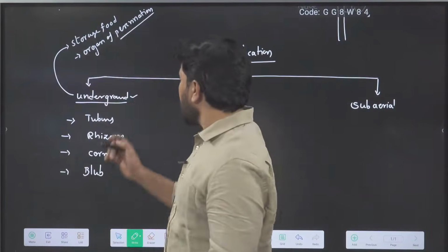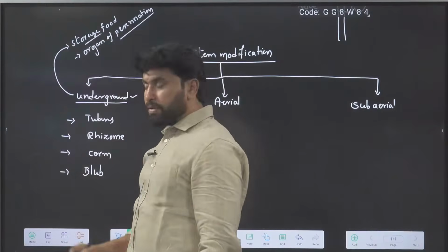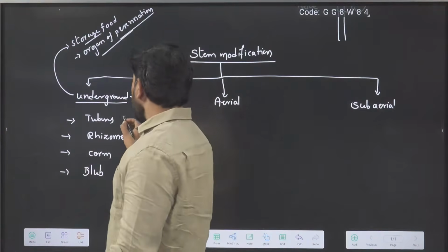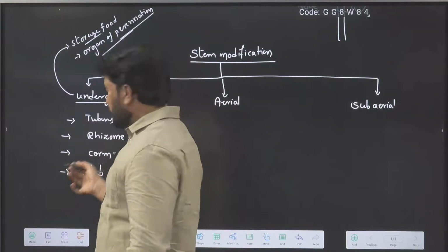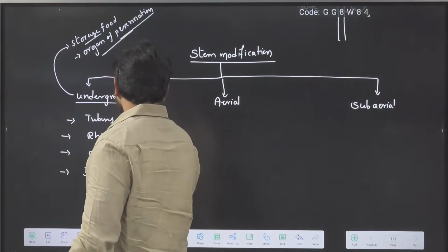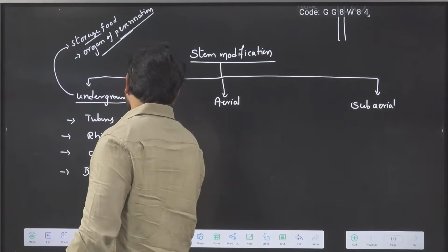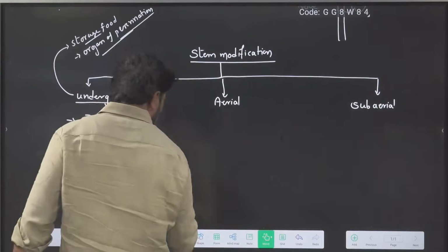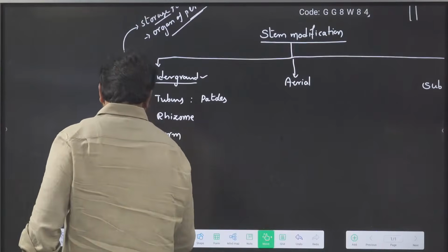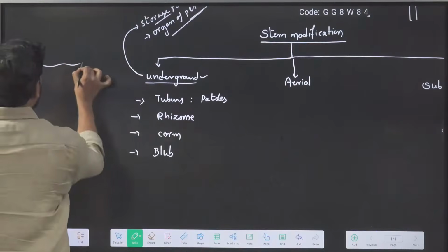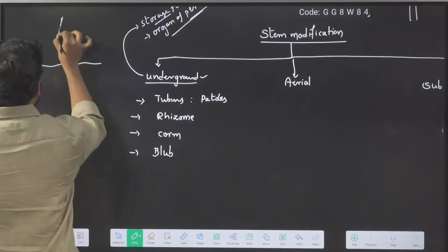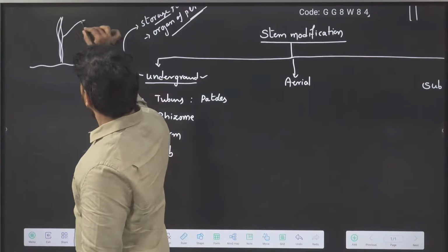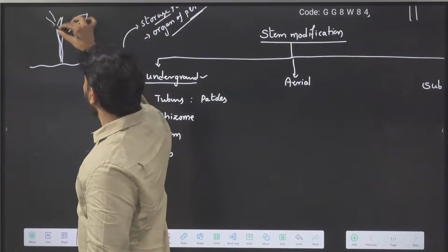Stems generally store food and also act as organs of perennation. The best example is stem tubers, our potatoes. One thing: when you are talking about potato, don't say the complete stem of the potato is able to store food. Think about it: this is the stem of the potato and these are aerial branches growing well.